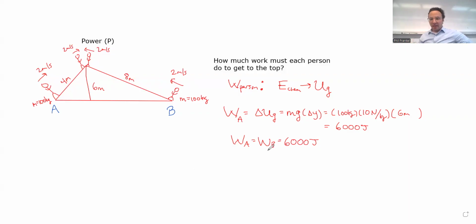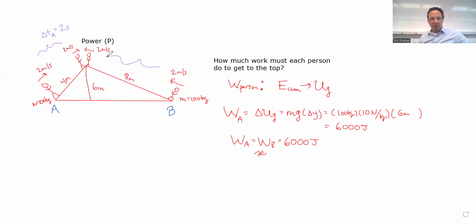But something does differ between these two people, which is the rate at which they do work. Think about it. Person A has to run 4 meters to get to the top. They're going the more direct, steeper route. So they're moving at 2 meters per second, and they have 4 meters to travel, which means this process here, delta T A, is going to take 2 seconds.